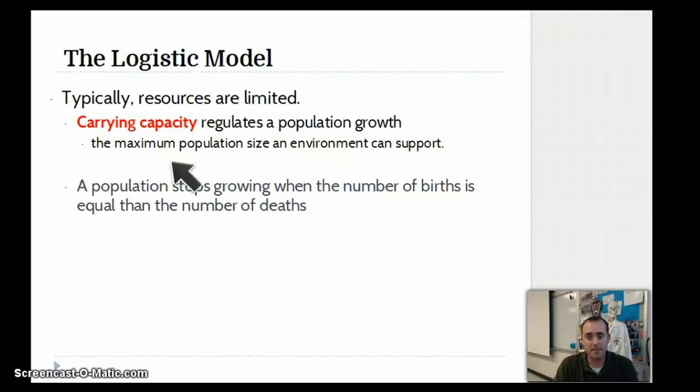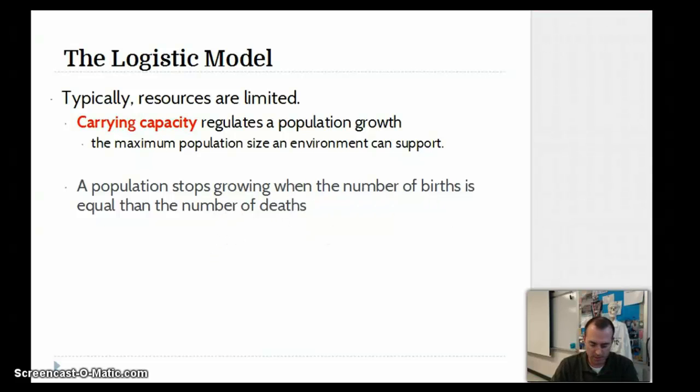Carrying capacity is basically the maximum population size the environment can support. There's only so much food available, so much space available. Eventually, the population is going to reach a certain size where the resources can't sustain any more. So at this point, the population stops growing. We get a 0 growth rate when the number of births equals the number of deaths.